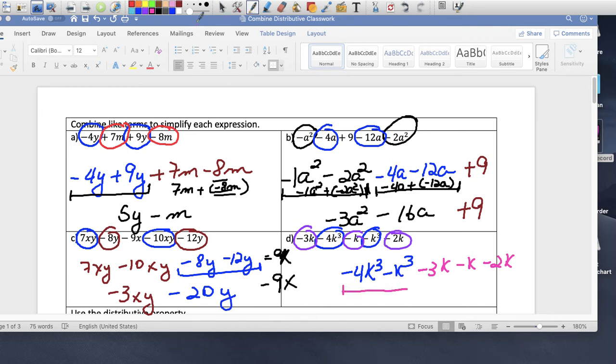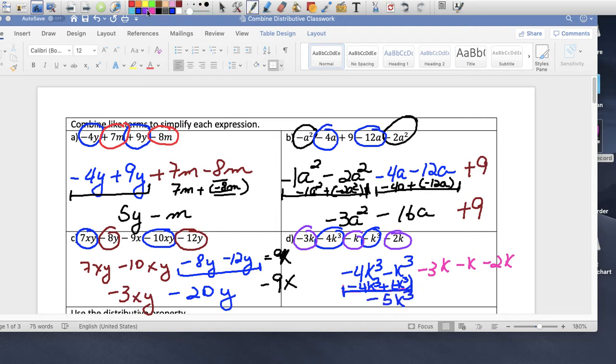Oops, let me change colors, make it nice. So this one's going to be negative 4k cubed plus negative k cubed, right? They're both negatives. There's 4 here, and remember there's 1 over here, so it's negative 5k to the third power.